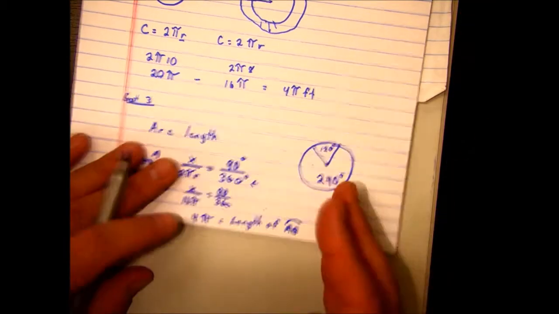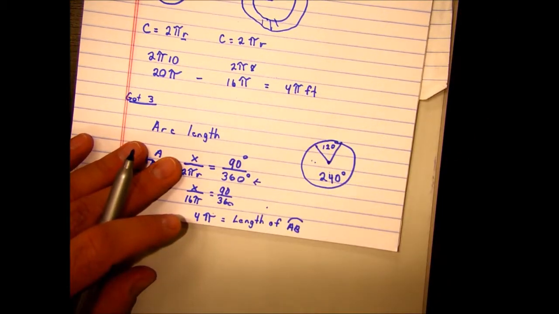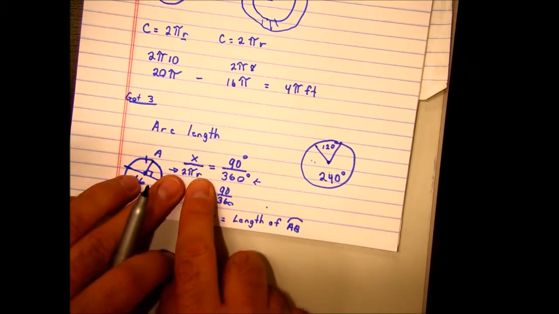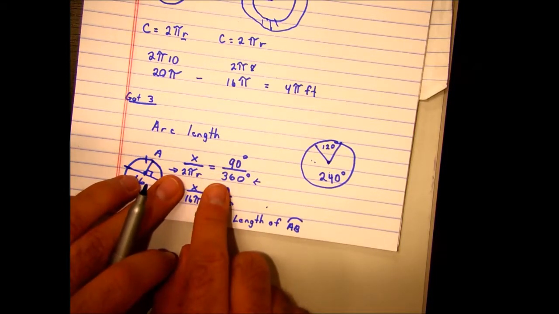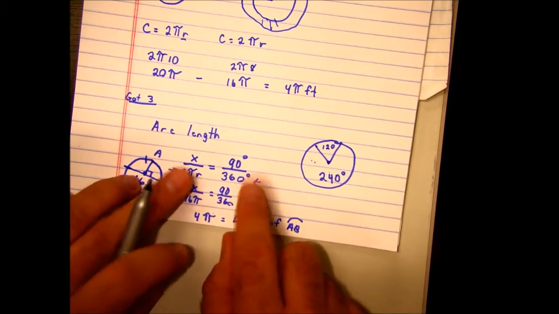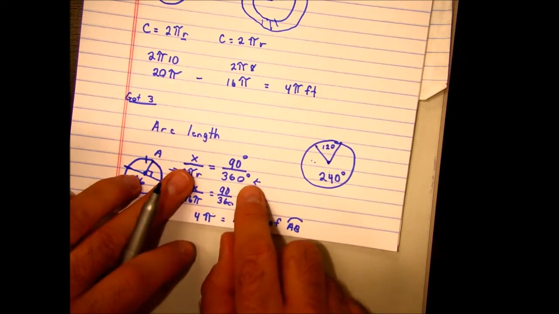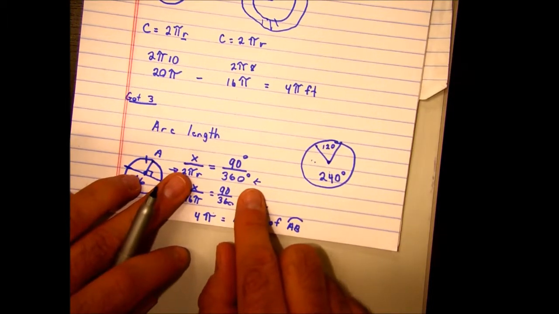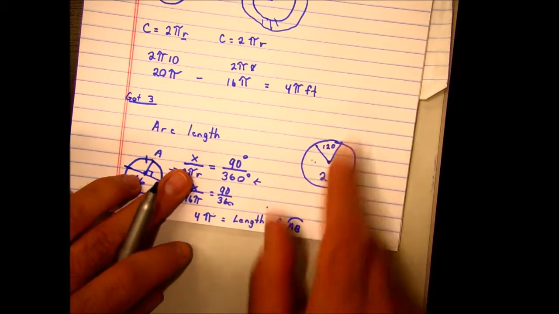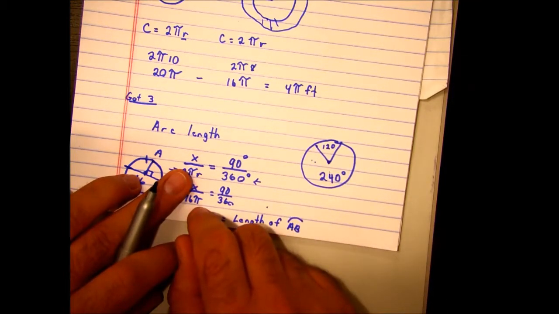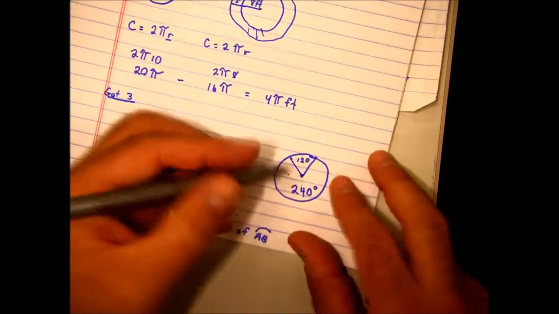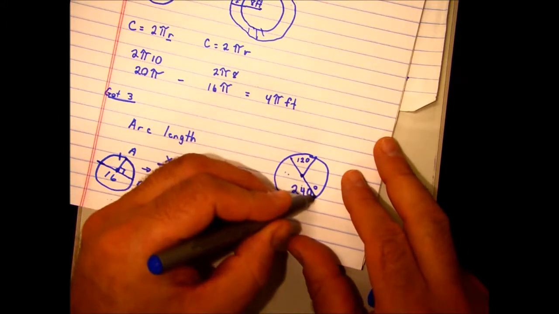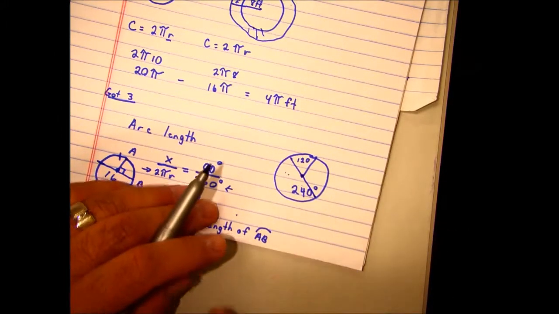So you might have to indirectly find pieces of the circle before you use this formula. This formula is not on the reference sheet, so you have to understand that you're going to be doing the cross multiplying and solving and memorizing that all by yourself. The key is making sure you use the measurements you're supposed to use. So if they need an arc, what's that measurement going to be?